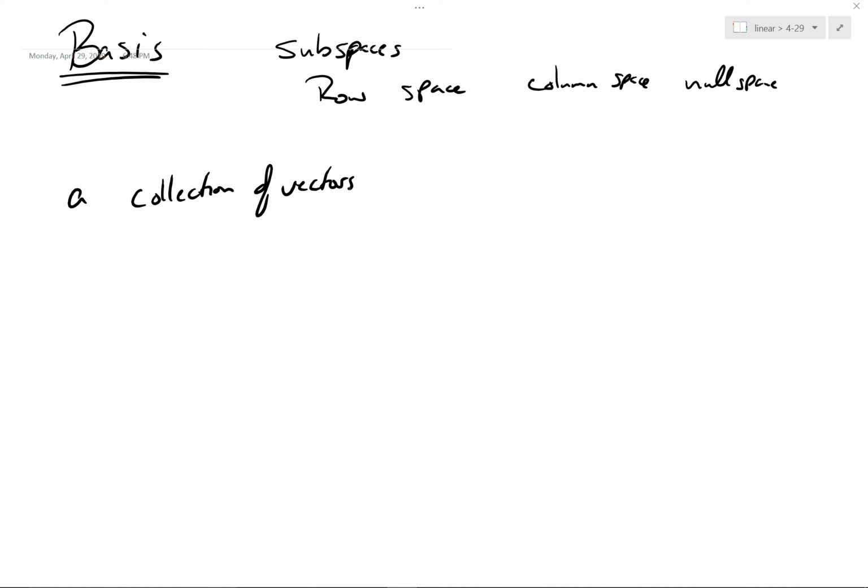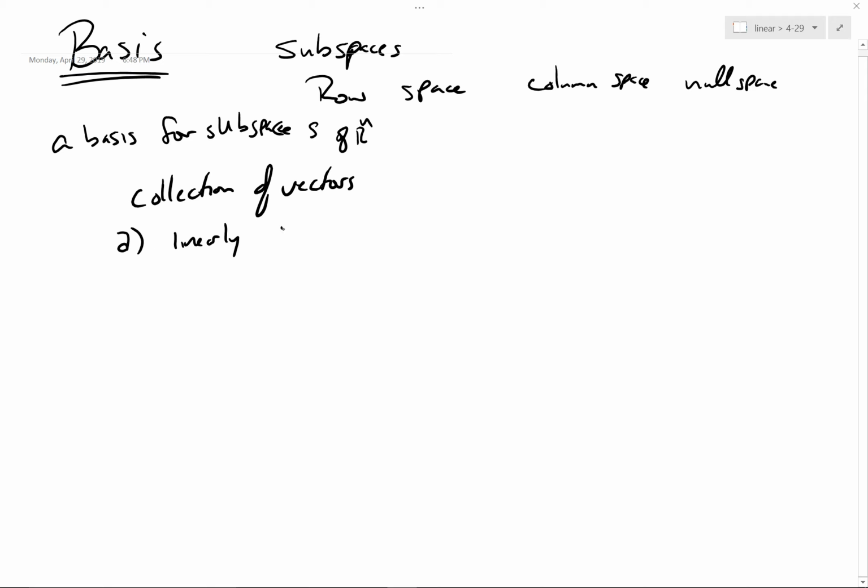A basis for a subspace S of Rn is a set of vectors that is A, linearly independent, and B, spans S. So if both things are true, then that collection of vectors forms the basis for a subspace.